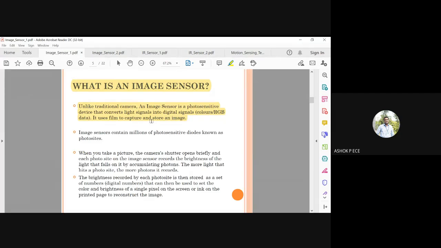You know that RGB are the primary colors, right? Red, green, and blue. Red can take values from 0 to 255. Green can take values from 0 to 255. Blue can take values from 0 to 255.